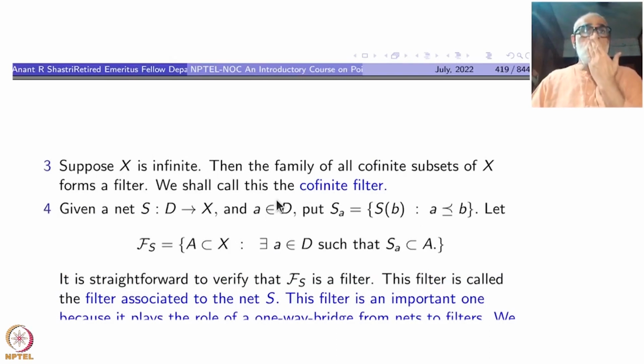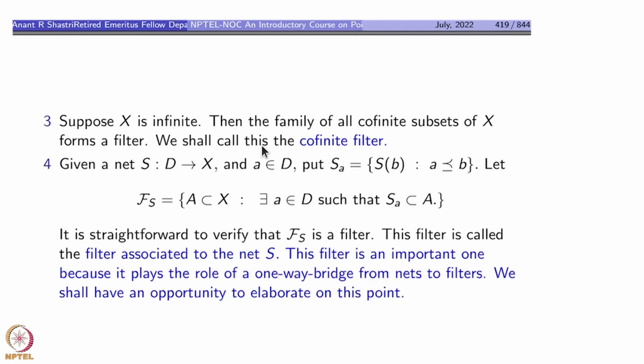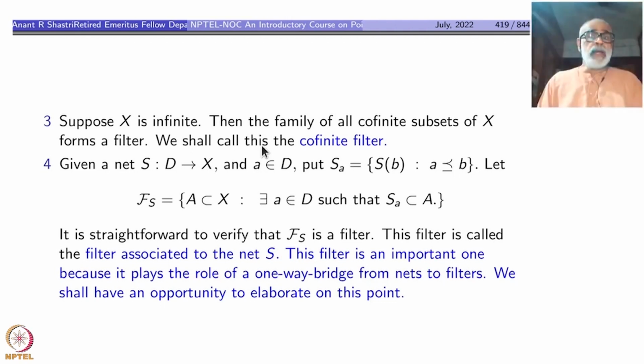So that will be automatically a filter, because first of all, if you take any two members, their intersection has to be non-empty, because both of them have finite complements, and you are working in an infinite set. That's important. Okay, the moment one is there, anything which is bigger than that will also be cofinite, its complement will be finite, so that is also there. Okay, so this is an example, not very useful or anything, just to make the concept of filters a little more clear.